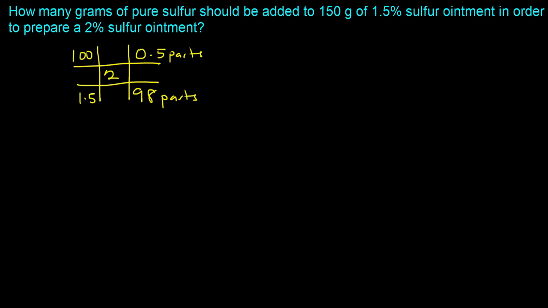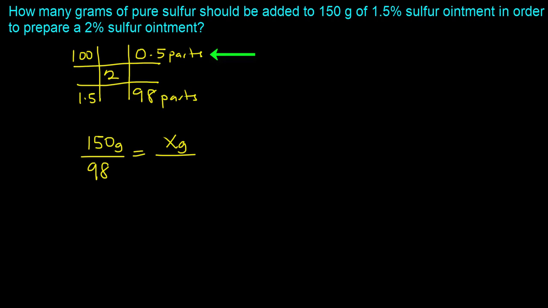But rather what we'll do is we'll take the quantity of the 1.5% sulfur ointment, which is 150. So 150 grams, and we'll divide that by the parts of the 1.5% ointment, which is 98. And we'll set that equal to some quantity in grams divided by the parts of the 100%, which is the pure sulfur.